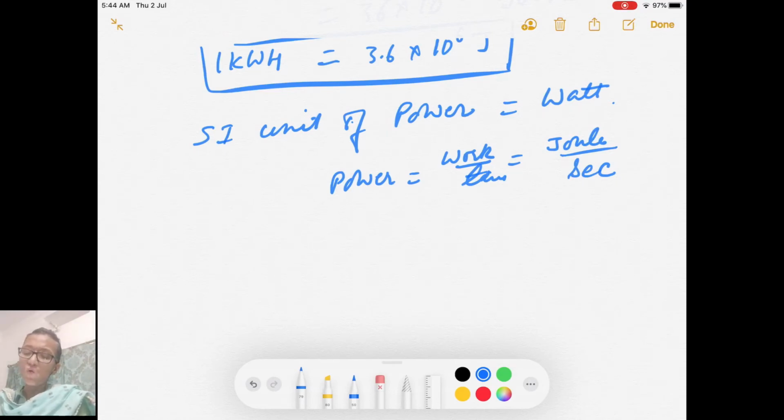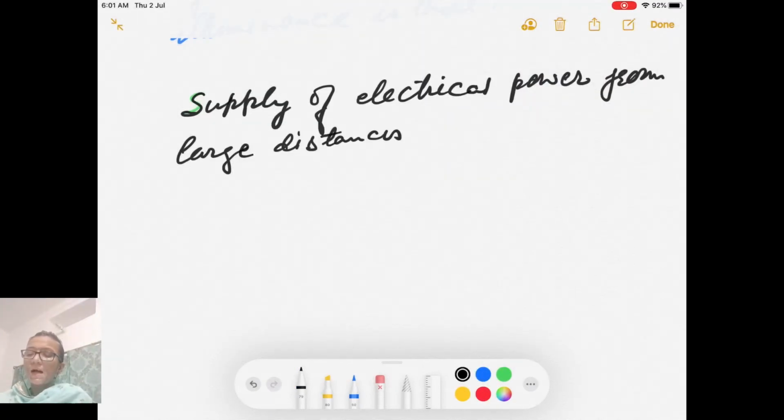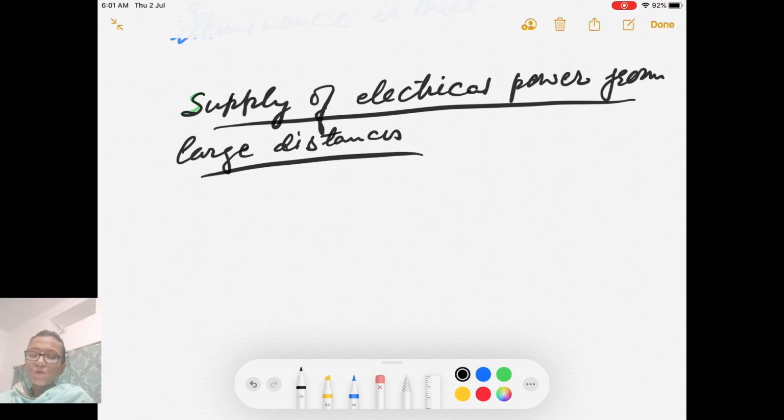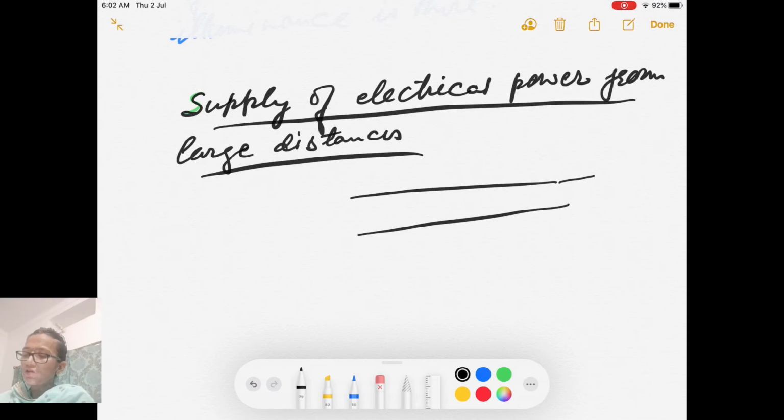And there is supply of electrical power from large distances. You know, we have thermal power plants, hydel power plants at very large distances, and from thousands of kilometers away from power stations, we have power supply at our cities, and here we have to consume the power.